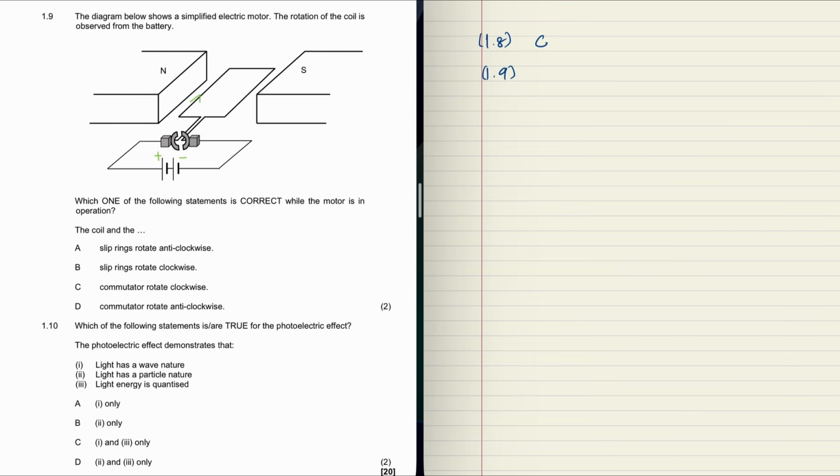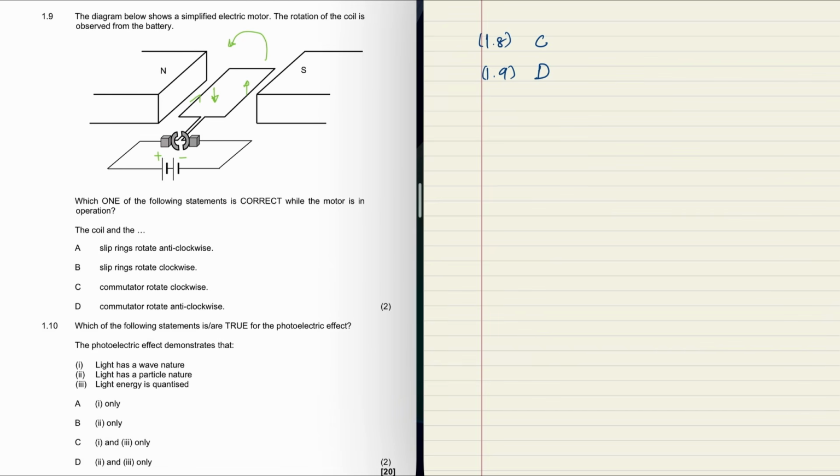So this side of the coil is going to go down, and this side of the coil is therefore going to go up, meaning it's spinning this way. So question 1.9, the commutator rotates anti-clockwise.